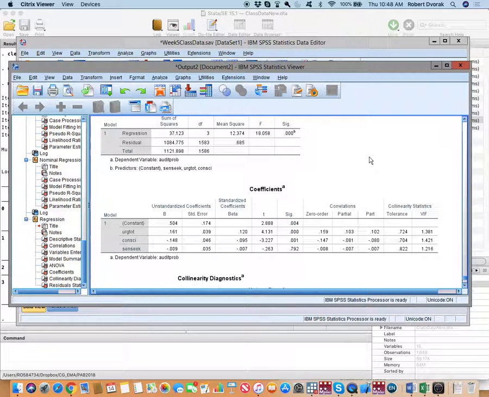We've entered all of these things in together simultaneously to predict alcohol-related problems, right? And what can we make out from this table right here? This is going to be our most important table. Is everybody with me? Did I jump ahead?